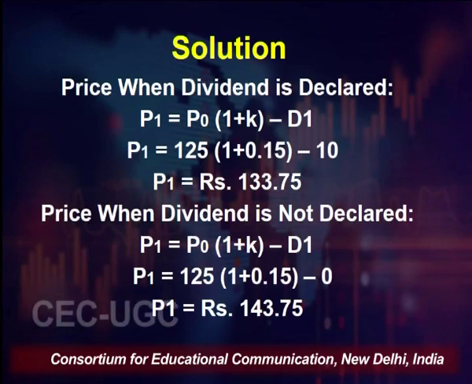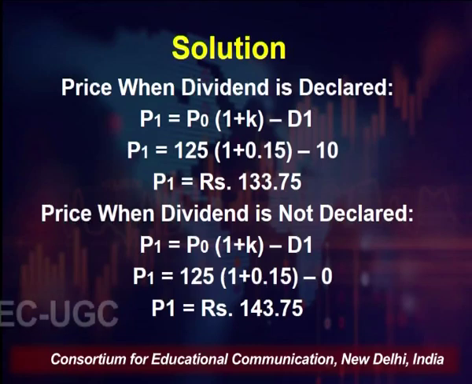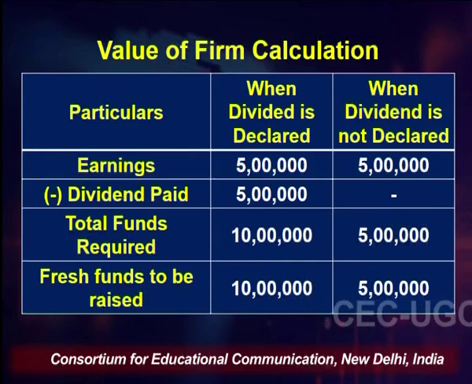Now, using these two values, the price of the share when dividend is declared and when dividend is not declared, we will calculate the value of the firm, and this can be presented like this. In the first column we have the particulars, in the second column the scenario when the dividend is declared, and in the third column the scenario when the dividend is not declared.